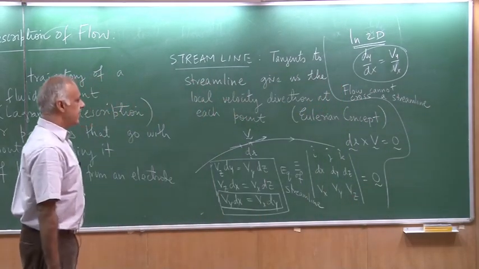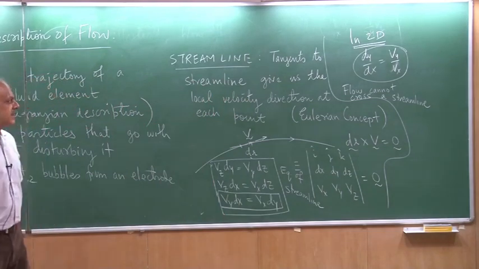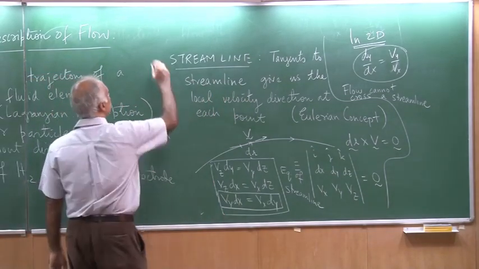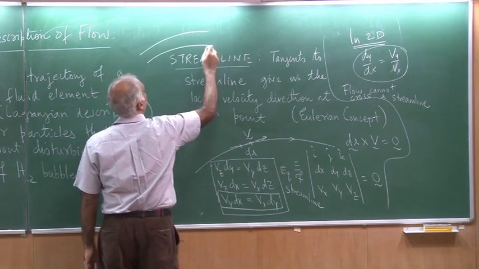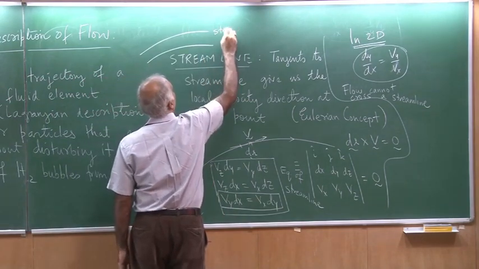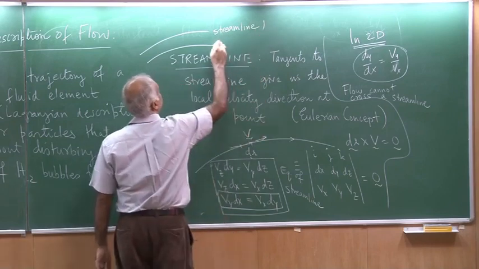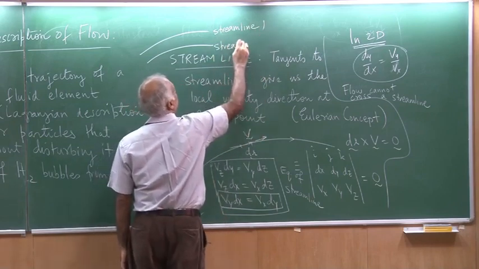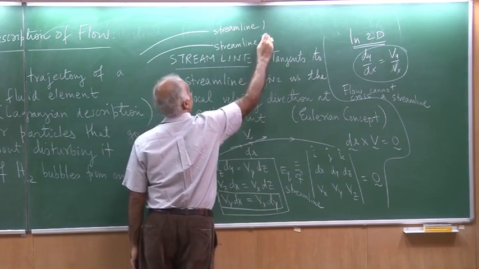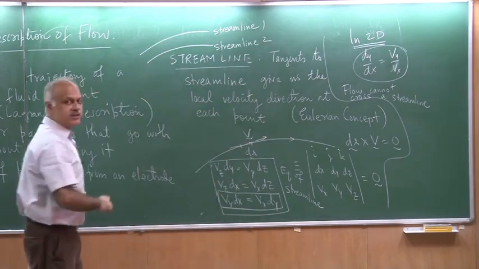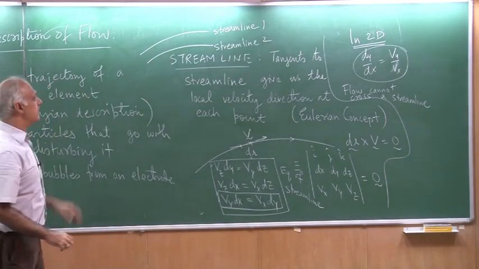Okay. In fact, a corollary of this is that if I draw two streamlines, so this is streamline 1 and this here is streamline 2, the flow cannot cross these two streamlines, so it has to stay in between.